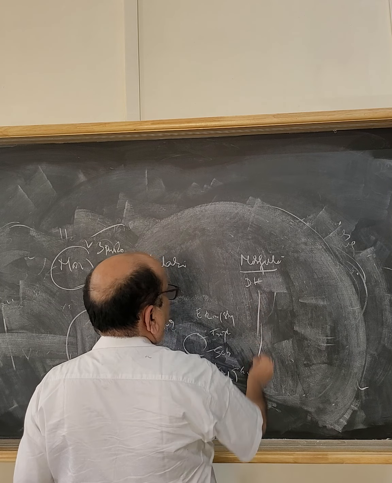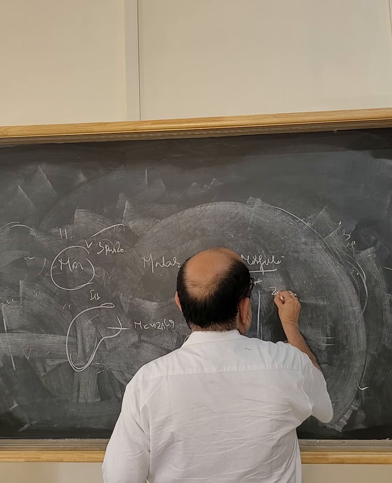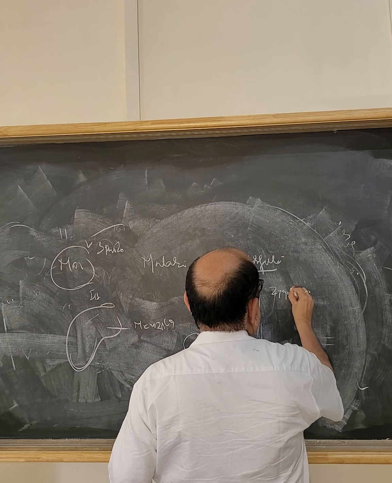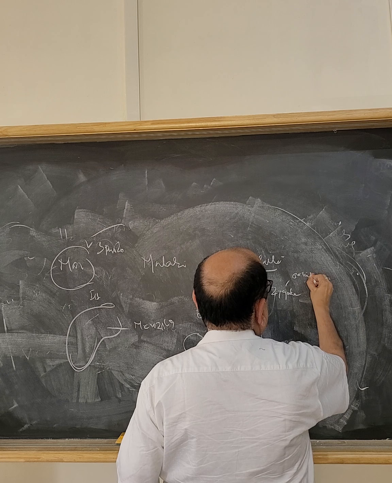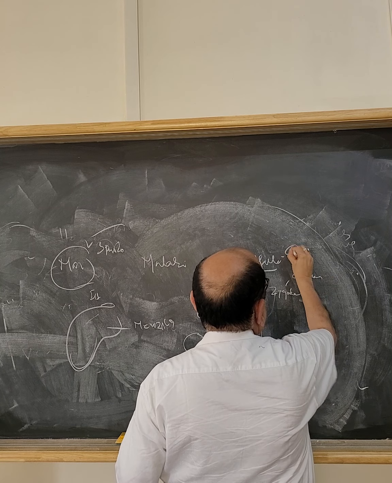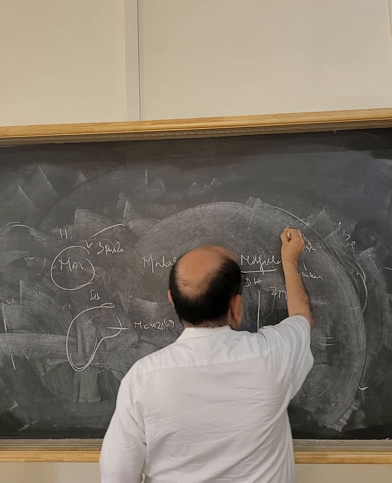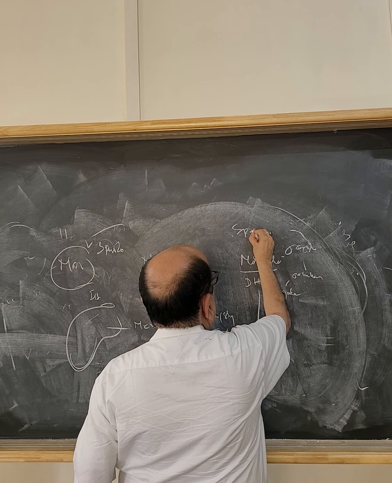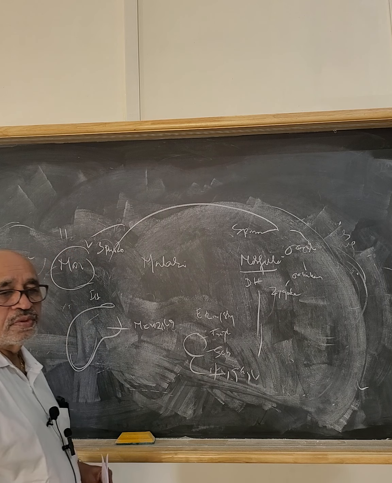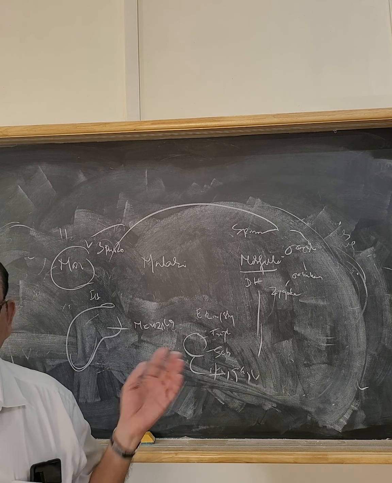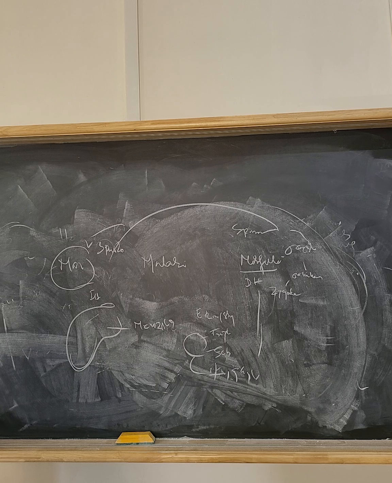Gametocytes are taken by the mosquito and transform into zygote, ookinete, oocyst. The oocyst bursts and gives rise to sporozoites, which infect man. First station is liver, second station is RBCs.